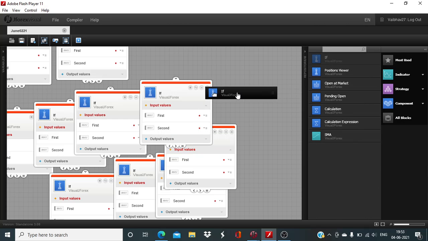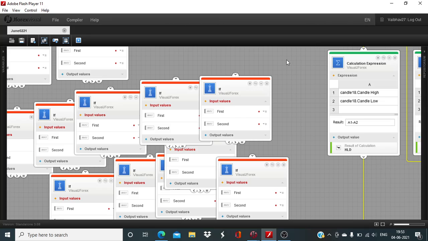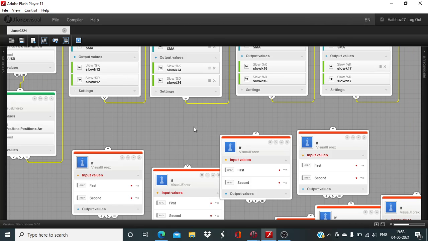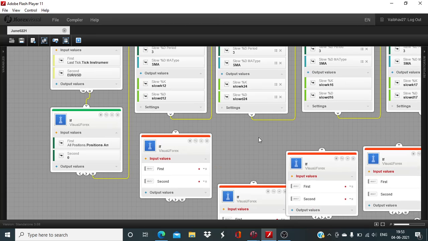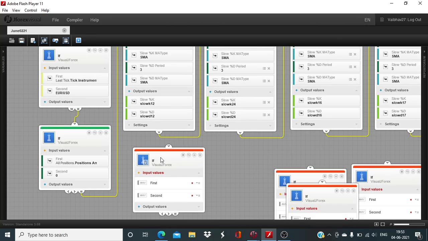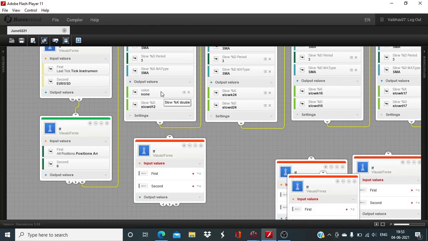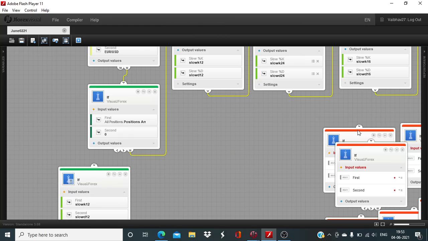All right. First thing first, we want to make sure that in last 4 hours, the slow K value is below the slow D value. So slow K12 needs to be lower than slow D12.